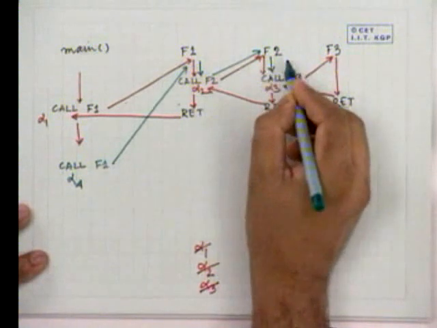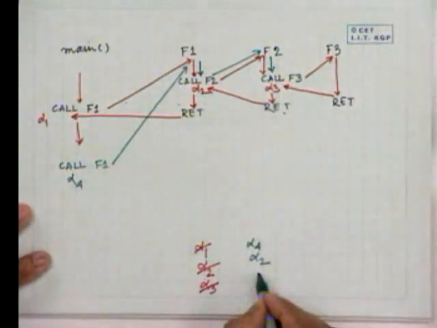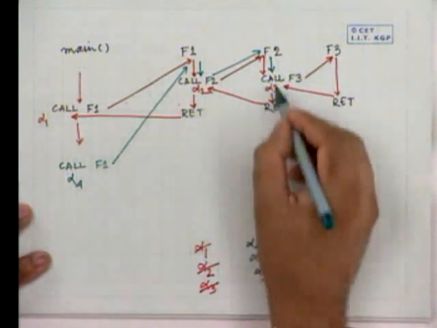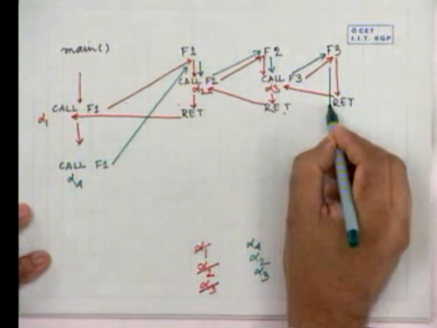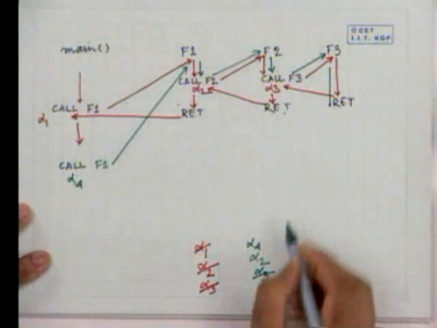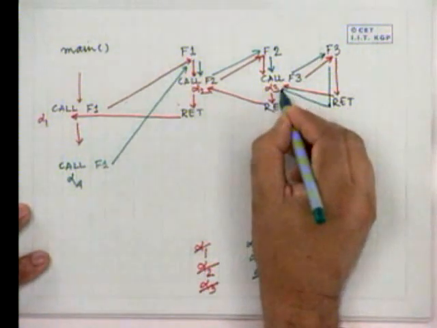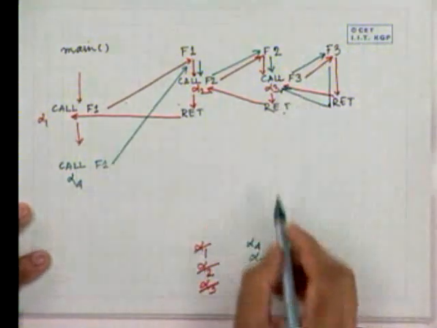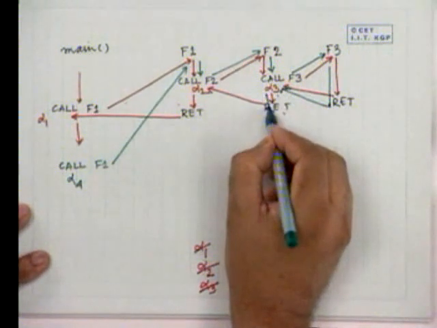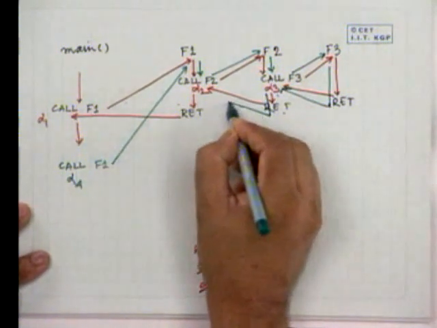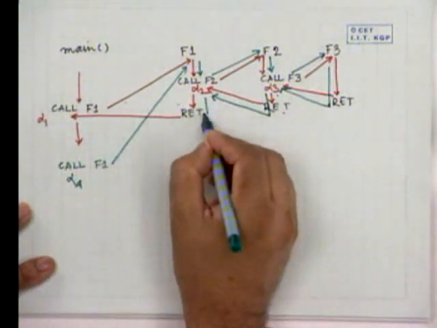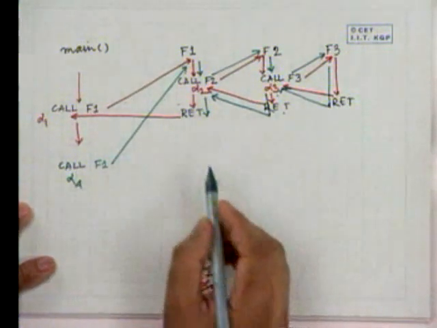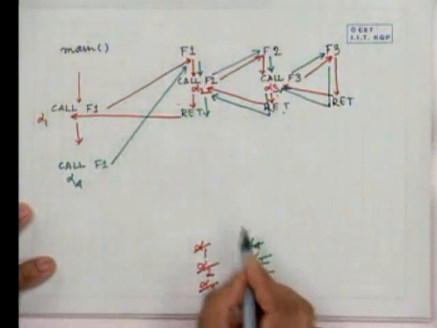Then alpha, call F3, alpha 3 will be stacked, the return address goes over to here, this is executed, and comes back to alpha 3 by popping the return address. Then the rest part is executed, comes back to alpha 2 by popping alpha 2, the rest part is executed, and comes back to alpha 4.